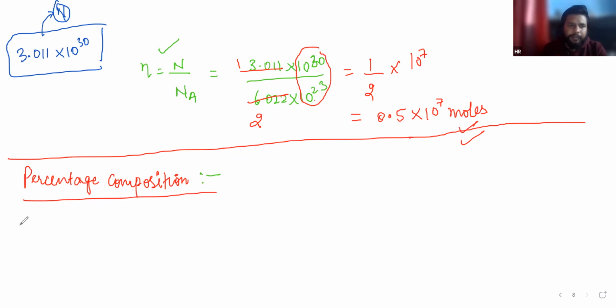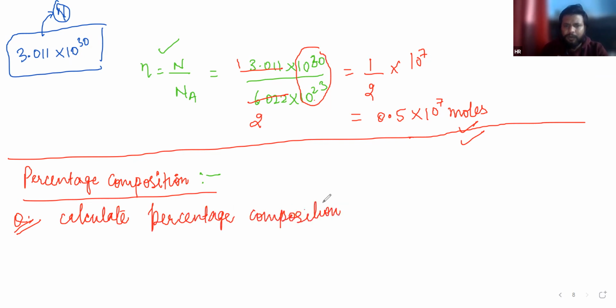I'm taking an example to solve percentage composition. Calculate the percentage composition of each element in CaCO3.